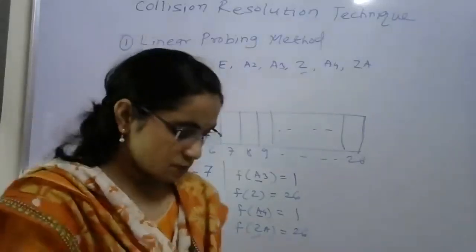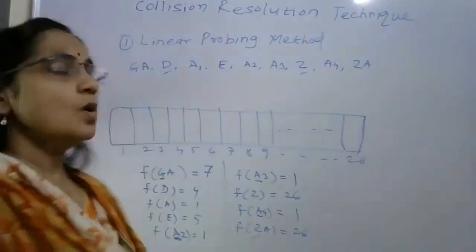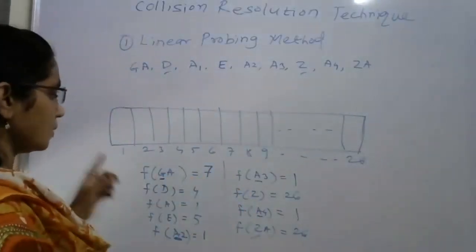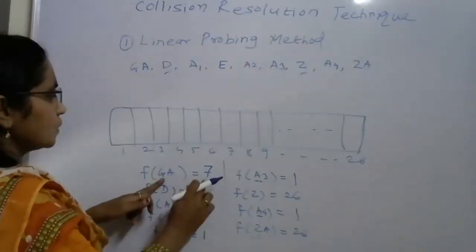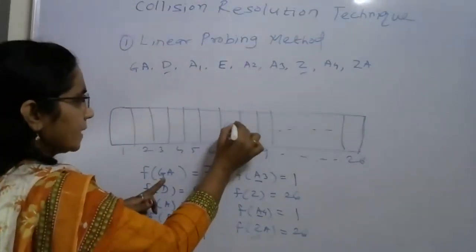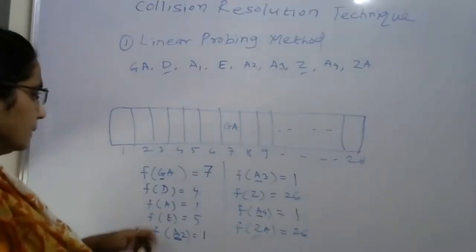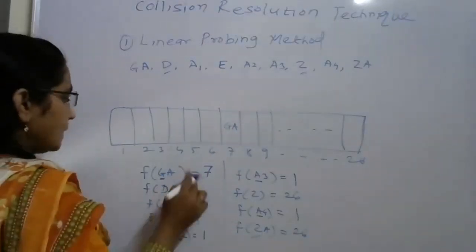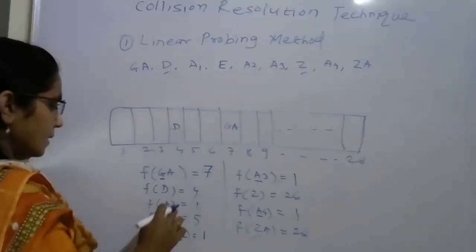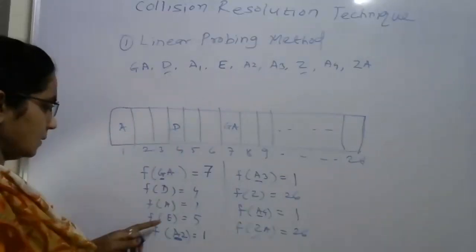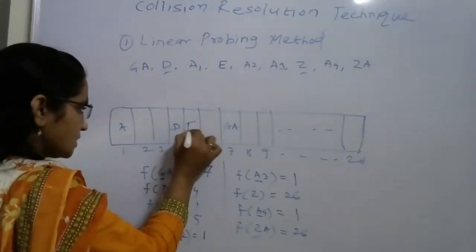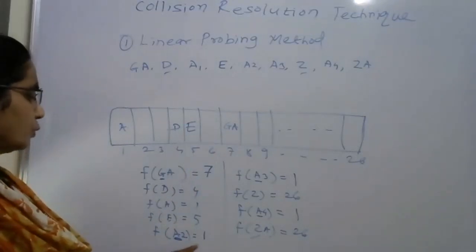Okay. So in this case, how do we resolve the collision? f of GA equals 7, so GA is allocated at the 7th position. Then f of D is at location 4. Then A is at 1. Then E is at the 5th location. f of A2 equals 1.